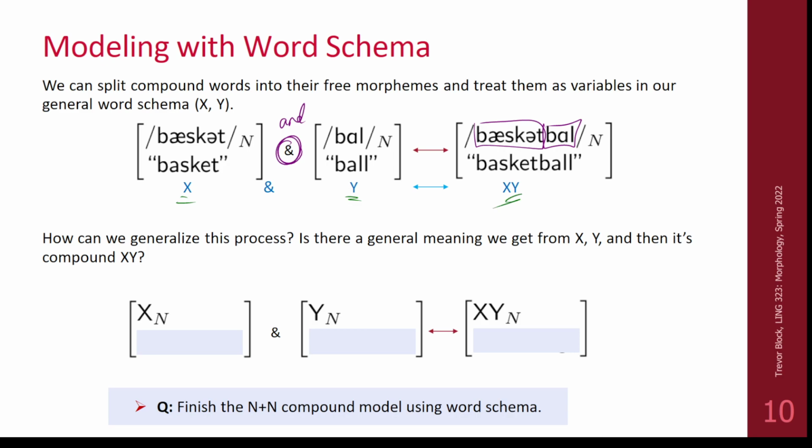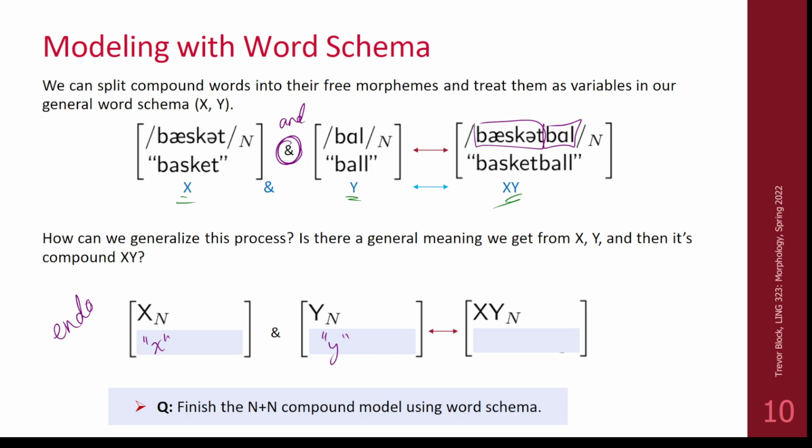So if we want to generalize this for noun-noun compounds, and specifically endocentric compounds, because we need to create our word schema based off of meanings here, we can say that whatever the first component is means x, whatever the second component is means y, and we know if we have basketball, we know that it is a type of ball that relates to baskets.